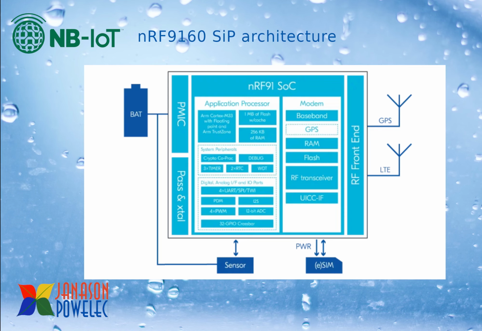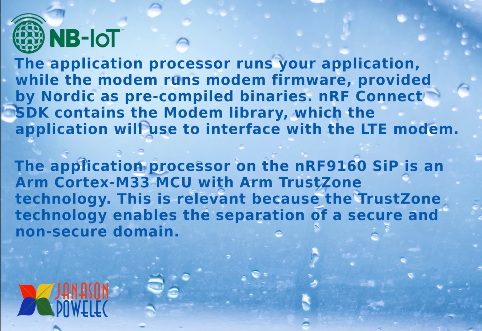Apart from that, the nRF9160 SoC contains an ARM Cortex core, the required memories, flash memories, and all communication ports like I2C, SPI, UART, etc. The application processor runs your application while the modem runs modem firmware provided by Nordic as pre-compiled binaries. The nRF Connect SDK contains the modem library which the application will use to interface with the LTE modem.